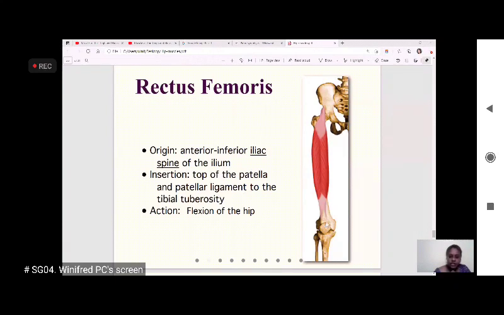It helps in the flexion of the hip and extension of the knee joint. It is a two-joint muscle. It works as the flexor of the hip as well as the extensor of the knee. Next.